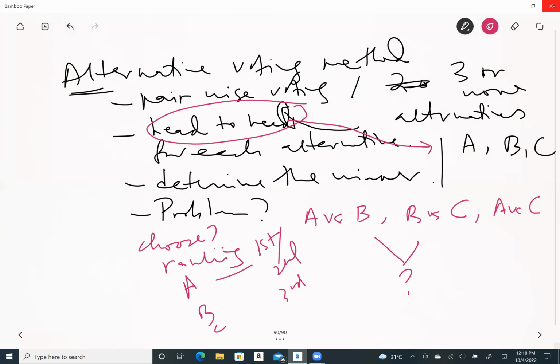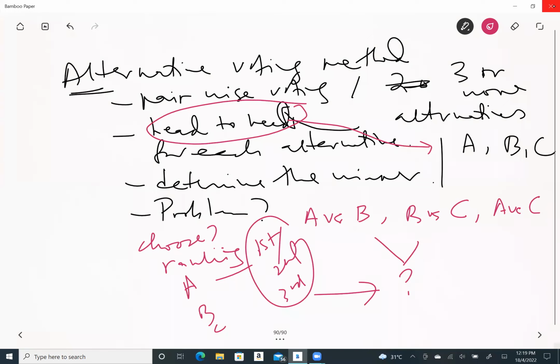Which one is your third? So they do that, they will get the winner. All right, so this is what we mean by pairwise voting. You may have more than three alternatives. Here we consider three. They will go head to head, then we will get the winner.